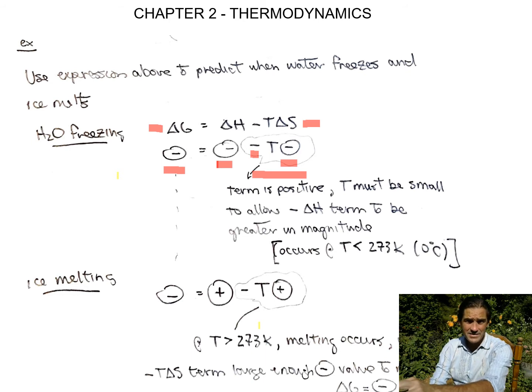Does that make sense? So temperature needs to be small. The temperature will drop until that positive term, the negative T delta S, becomes smaller than the negative delta H. It's at that point that water will spontaneously freeze.